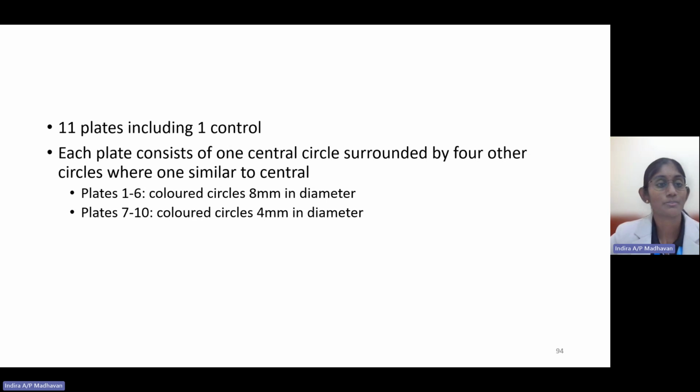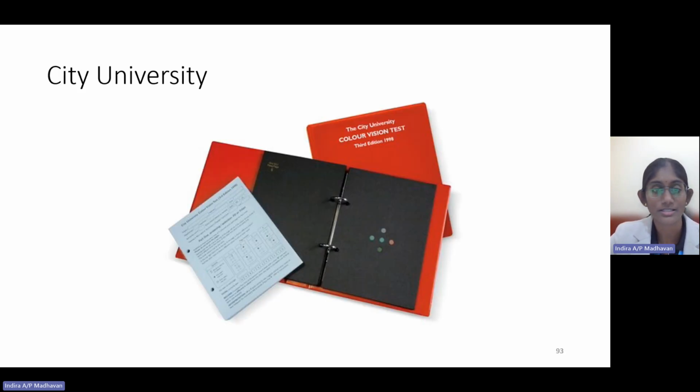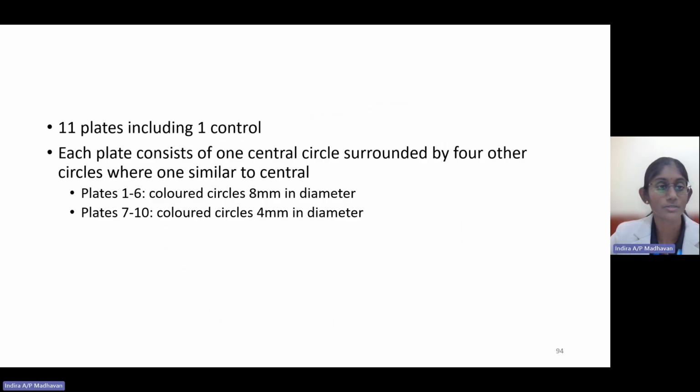Each plate consists of one central circle, and then they have different colors at the side. They have to circle the color which is similar to the center one. So each plate consists of one central circle surrounded by 4 other circles, where one of them is similar to the central one. And they have different sizes.